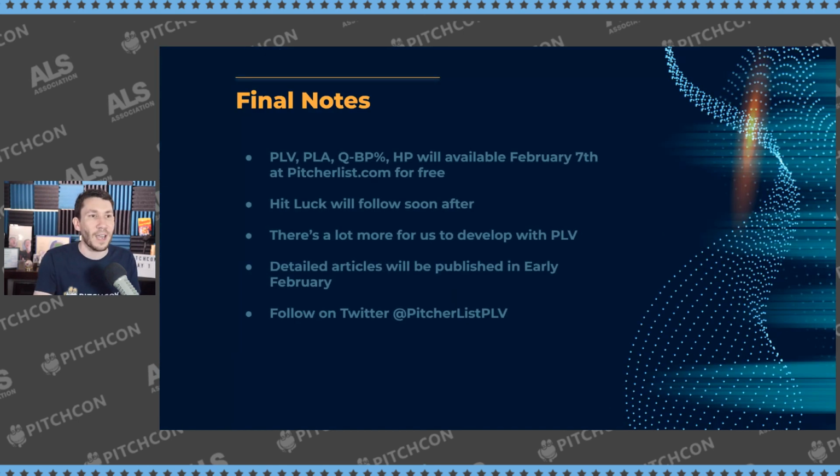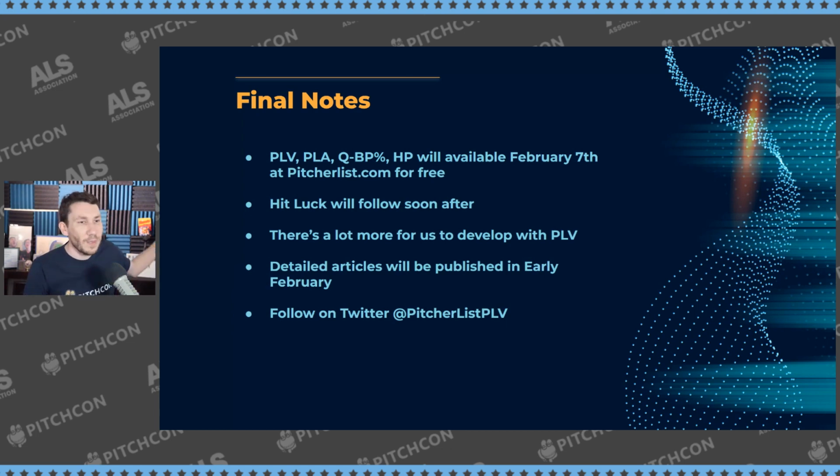But all right, final notes. This is everything we covered again. Hit Luck will follow soon after. We still want to fine tune some things with that, but we're going to have PLV, PLA, quality and bad pitch percentage, and hit performance on the site for free on the player pages. By the way, mobile friendly, with percentile ranks to go with league average.